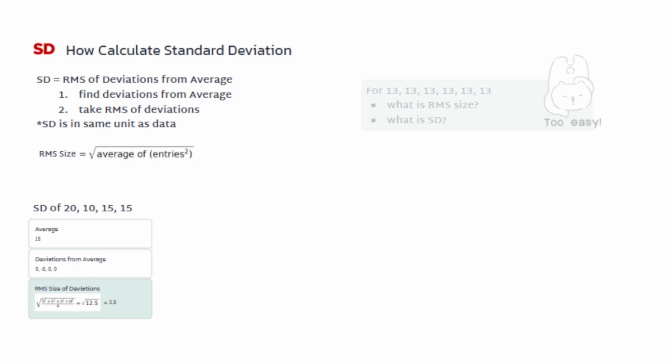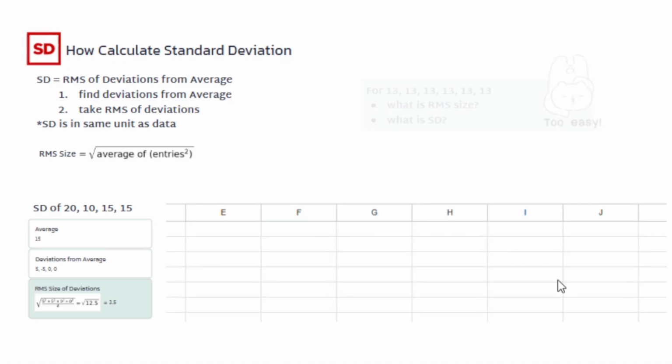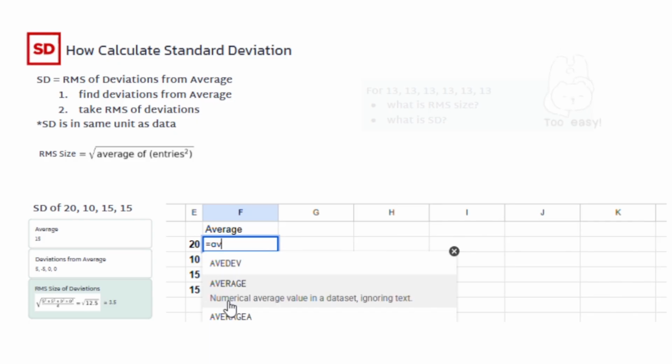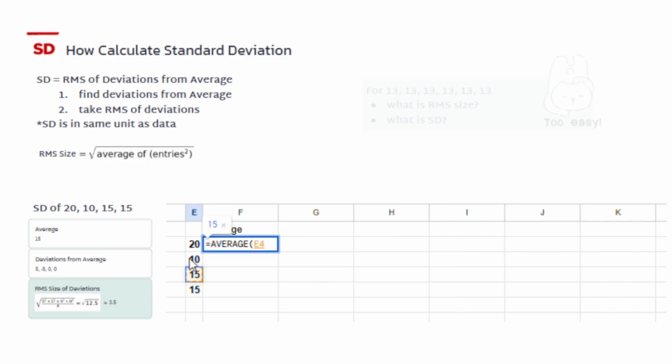Okay, the numbers are here. The average is the sum of the entries divided by the number of entries. If you want to do the average manually, step by step, this is how you would do it. Or you can use the average function. So use the function and then you select the list. This returns the average of the numbers.